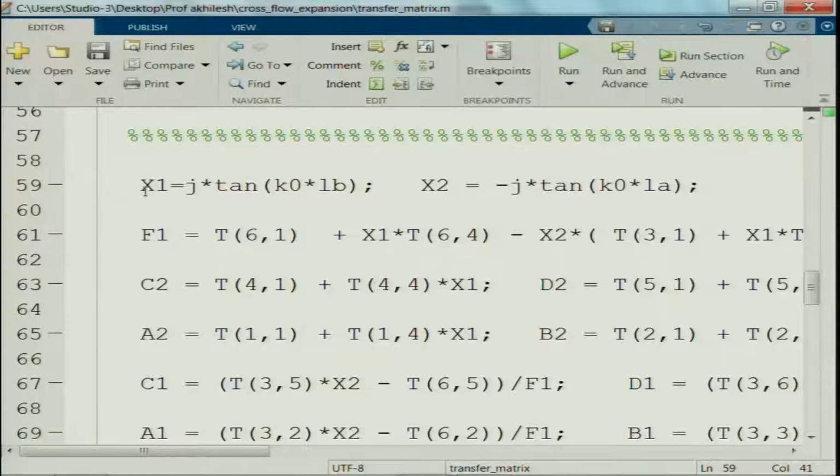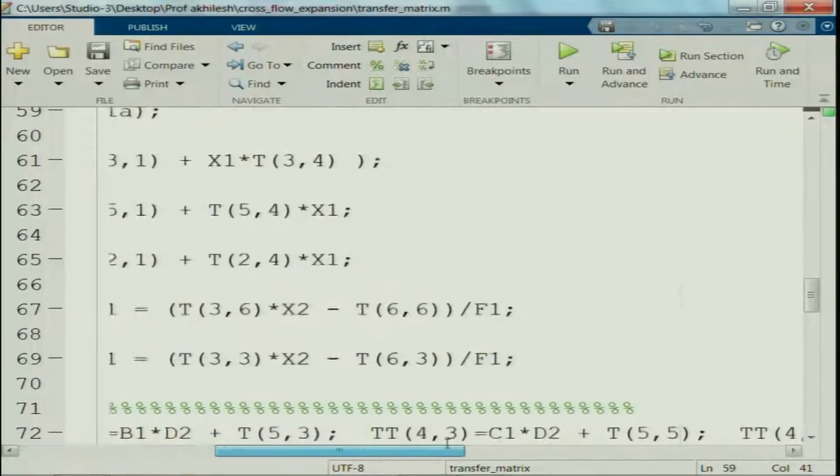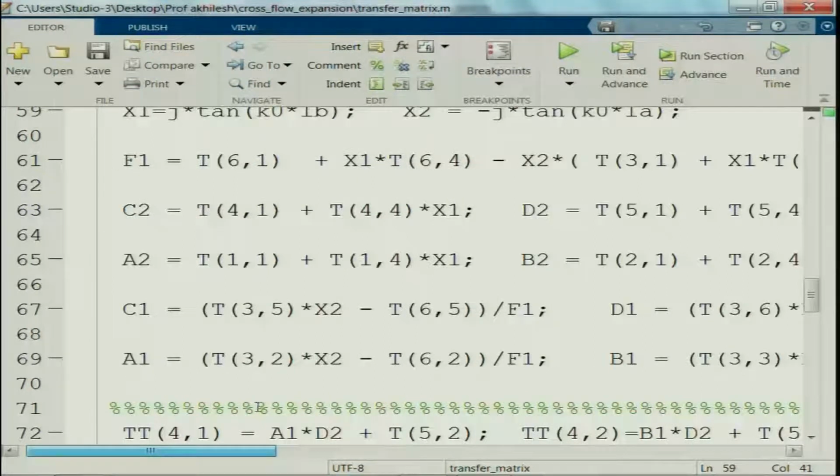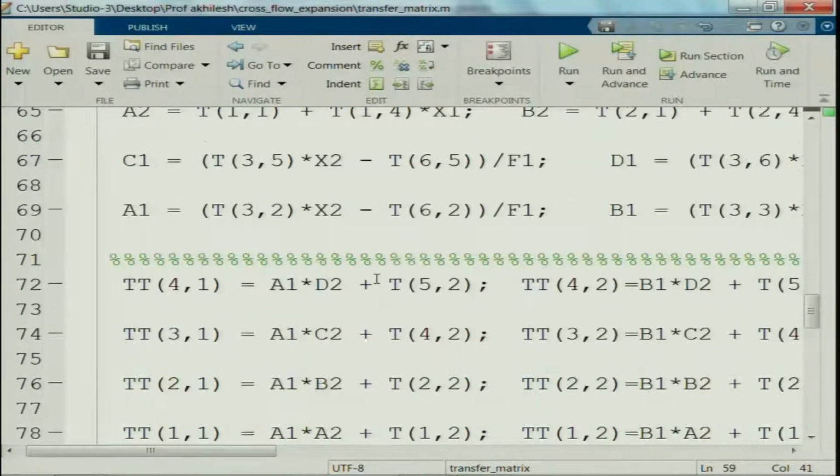Here we are defining x1 and x2, these are your cavity terms; they arise because of neck extensions. If you set LA and LB to 0, you get back your fully perforated duct. F1, C2, A2, all these expressions are interrelated, and you can't make a mistake in bookkeeping.